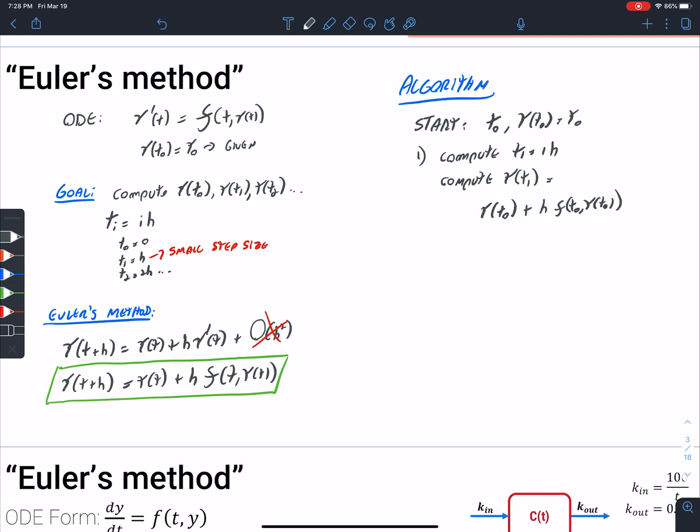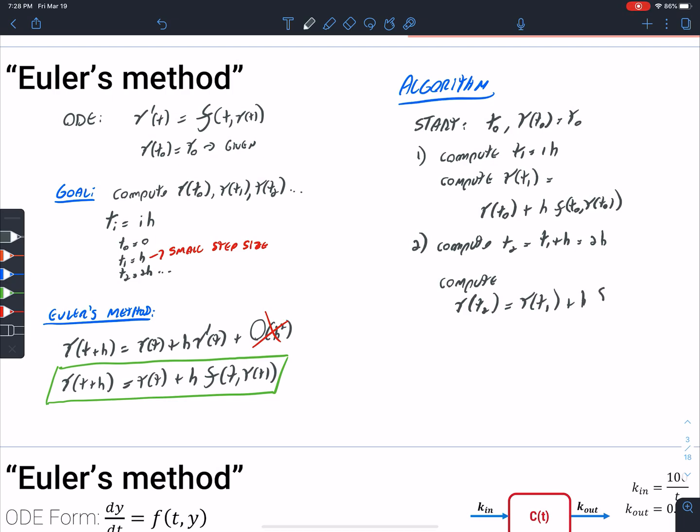Step 2, let's do one more step. Now we compute t2, which is going to be t1 plus h, or 2 times h. And then compute y of t2 to be equal to y of t1 plus h f of t1, y of t1. It's the same application of the previous Taylor series.